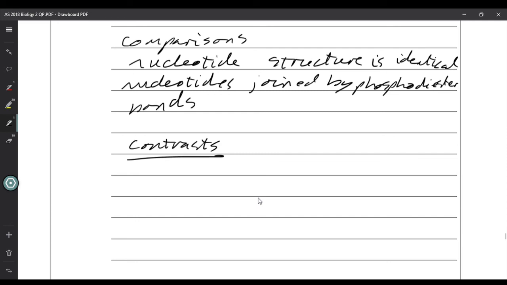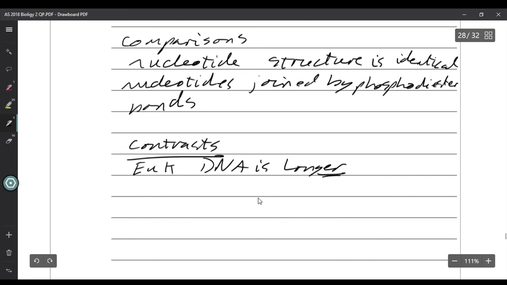It could be that they're both long, so we can say that the eukaryotic DNA is longer. Note I'm using longer than the prokaryotic. We can also say that eukaryotic DNA contains introns.